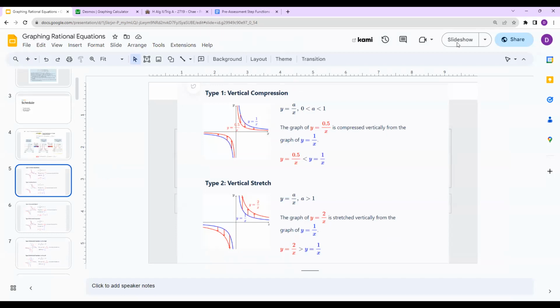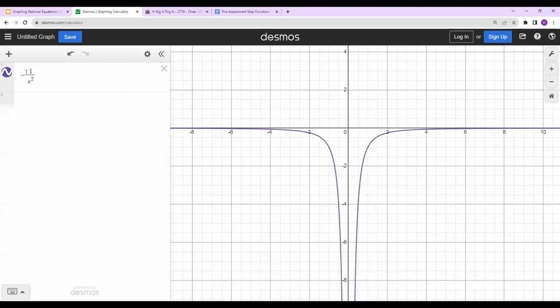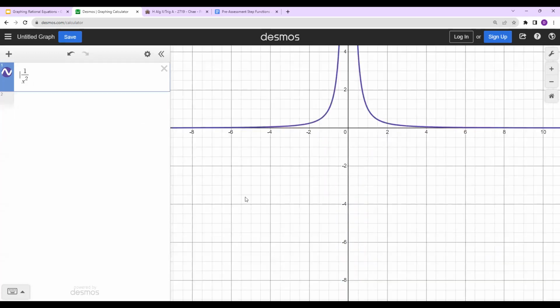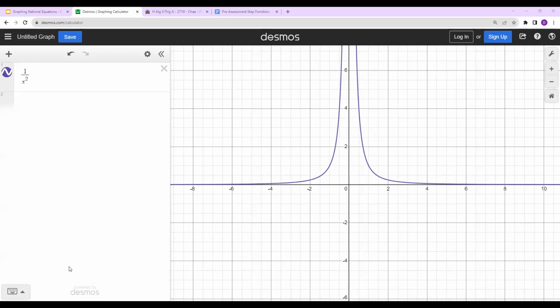So good question. The domain is all the possible x values. Let's go with this problem right here. What are all the possible x values?